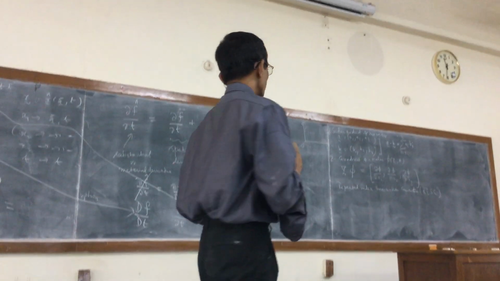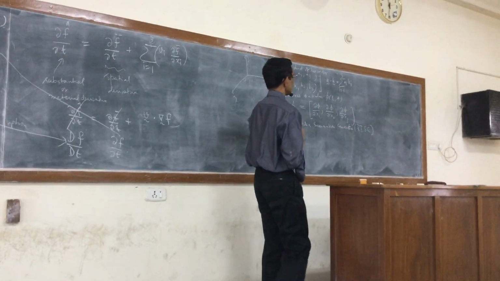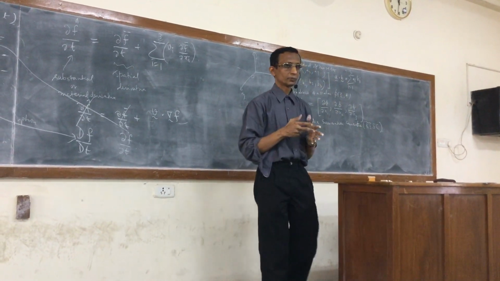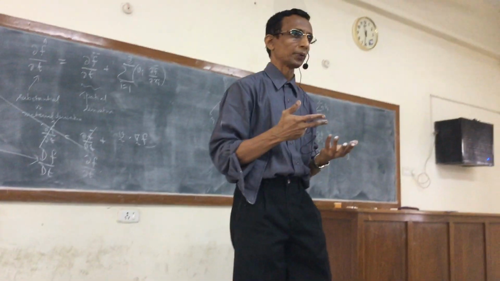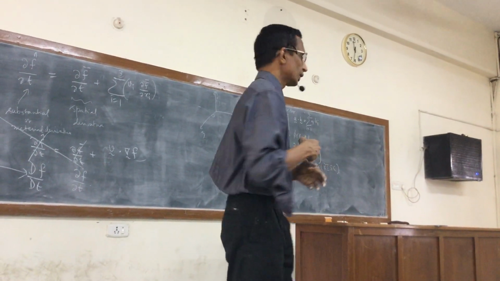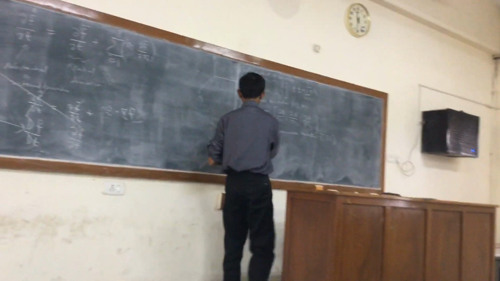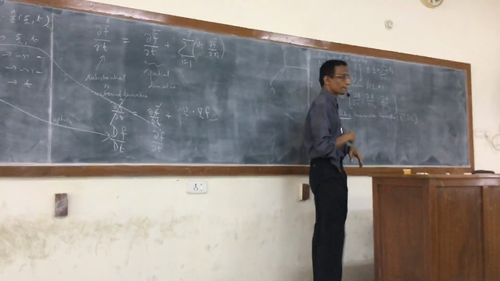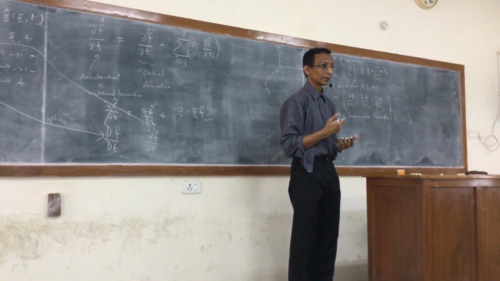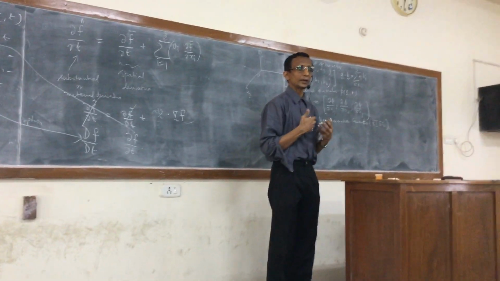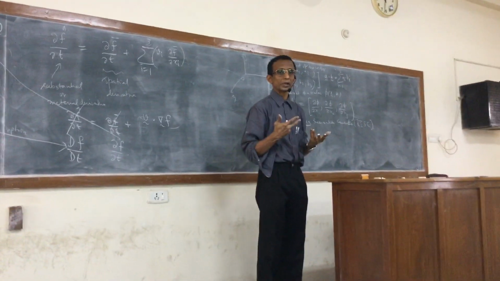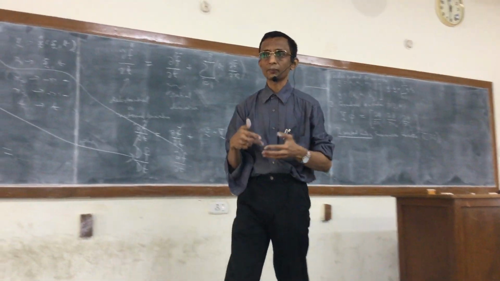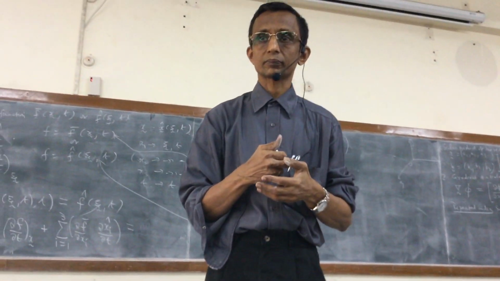So the repeated index summation convention says that if in a particular term, a product of anything, obviously involving at least two factors, a particular index is repeated more than once, then I will automatically assume that there is a summation over that index, and I don't have to write the sum i equal to 1 to 3.